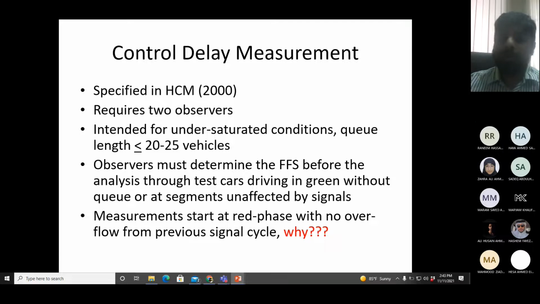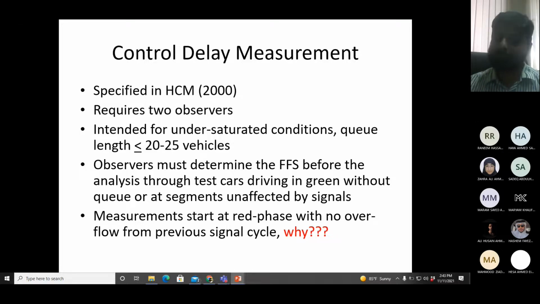Because of the long queue, when you reach close to the stop line, the signal becomes red again. That is overflow, because you waited for more than one red phase to clear the intersection. So if cars in the queue cannot pass the stop line in one green phase, that means these are oversaturated conditions.